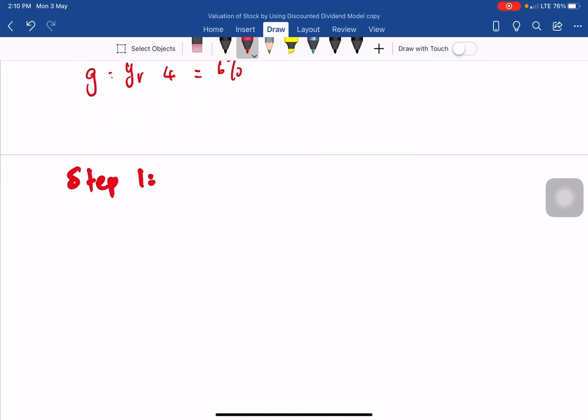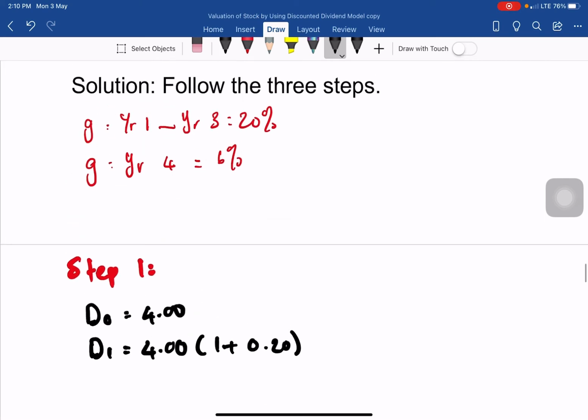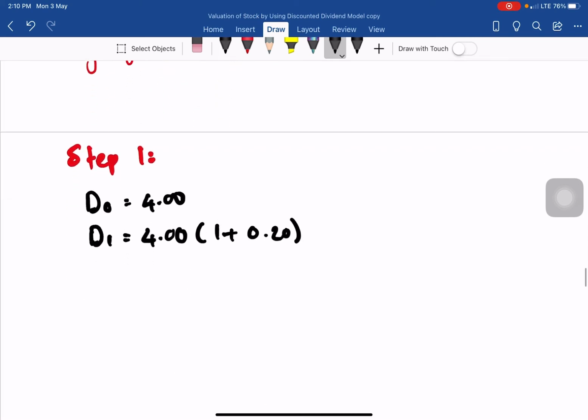Step 1. Okay, so the step 1, calculate the dividend each year. Okay, dividend each year. So dia bagi kat kita D0 RM4. Okay, so kita nak calculate the D1 is equal to RM4 times 1 plus G. 1 plus G tadi 0.20 ni. G untuk year 1 sampai year 3 20% kan. Okay, so 0.20.